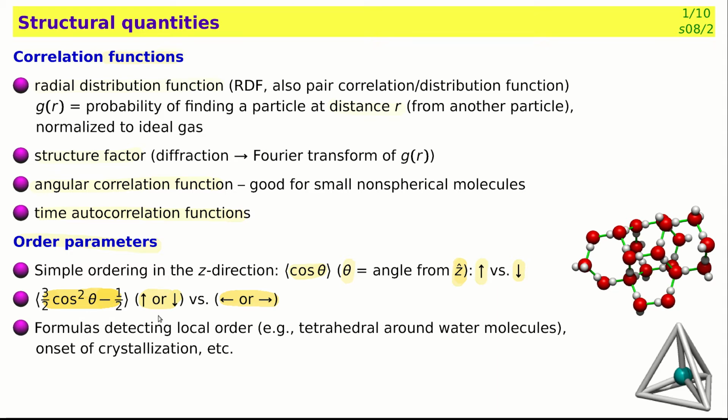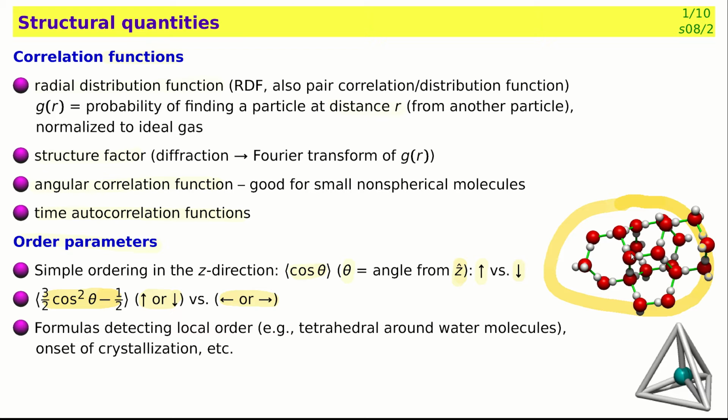As an example, imagine ice. Here is a very small piece of ice structure, and each water molecule is surrounded by 4 water molecules or 4 oxygens which are arranged tetrahedrally. And there exists a formula, I am not going to provide it here, which detects this.